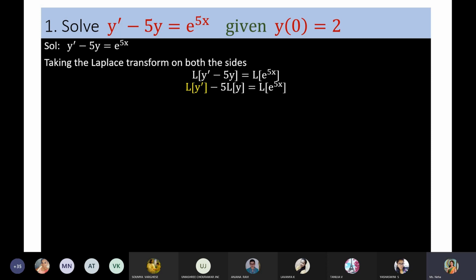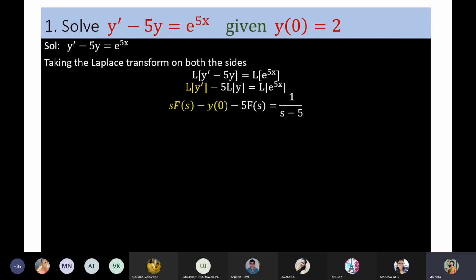The L of y dash formula is s into capital F of s minus f of 0. Very good. And what is the formula for L of y? Laplace transformation. y means f of t. Instead of f, I'm writing y because the question is in terms of y. So what will be L of y? Capital F of s.